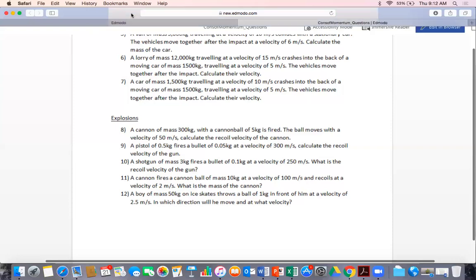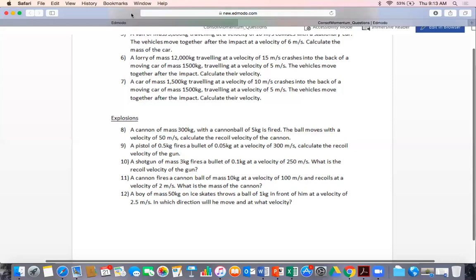Okay, so I have 300 kg is the cannon, and then I have a velocity of v.